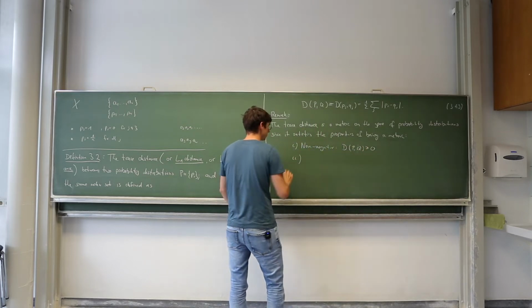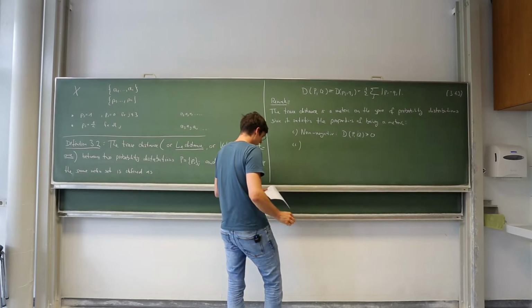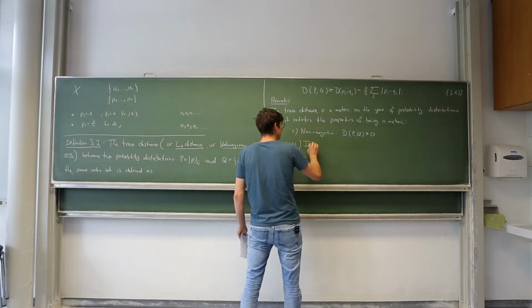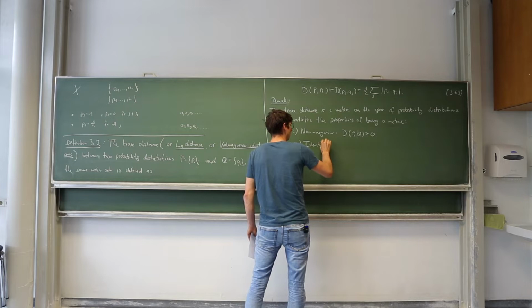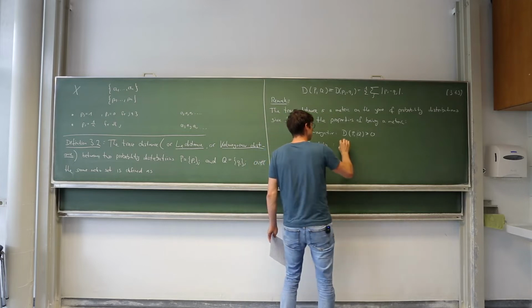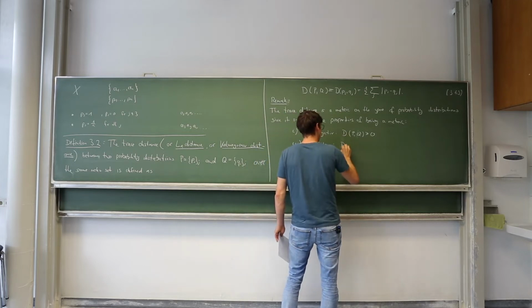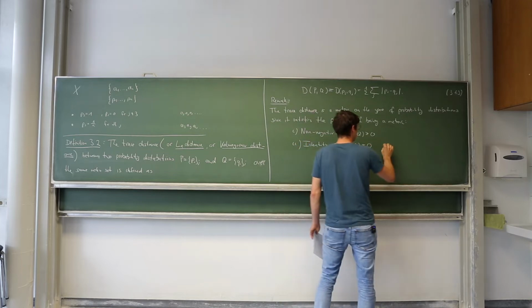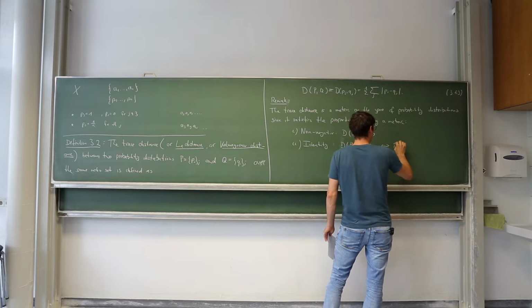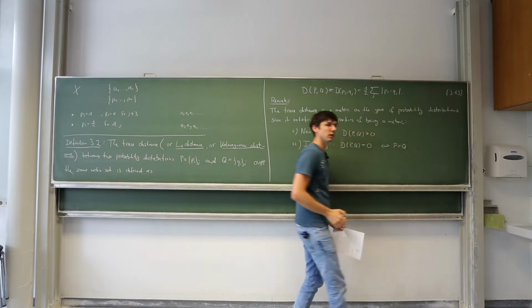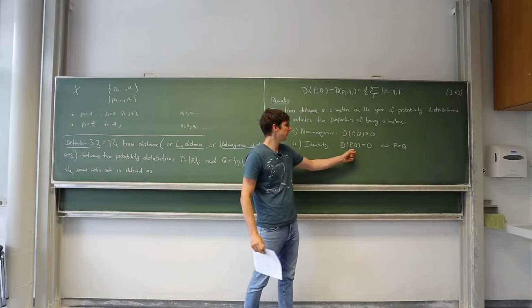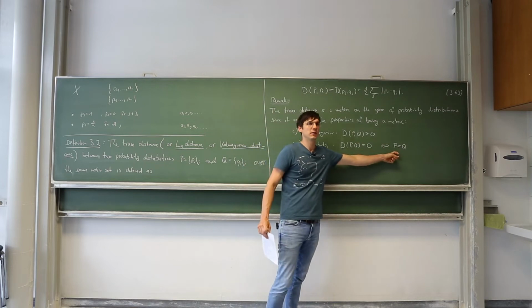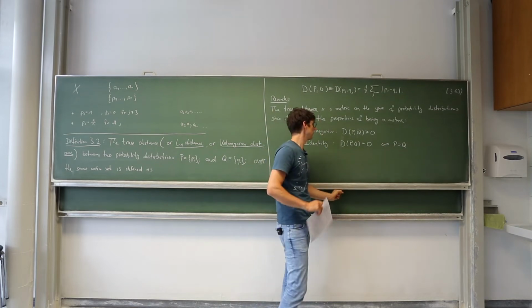Then the second property is the so-called identity, namely that the trace distance of P and Q is equal to 0 if and only if P is equal to Q. Meaning that the distance is 0 if and only if we have the same probability distributions.